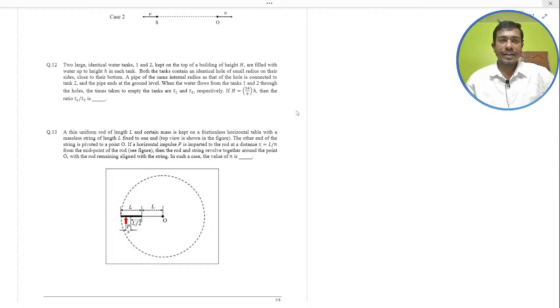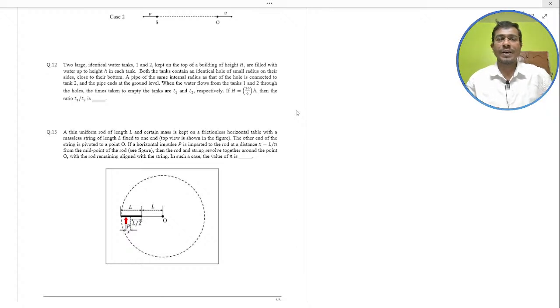Two large identical water tanks 1 and 2 kept on the top of a building of height h are filled with water up to the height h in each tank. Both the tanks contain an identical hole of small radius on their side, close to their bottom.